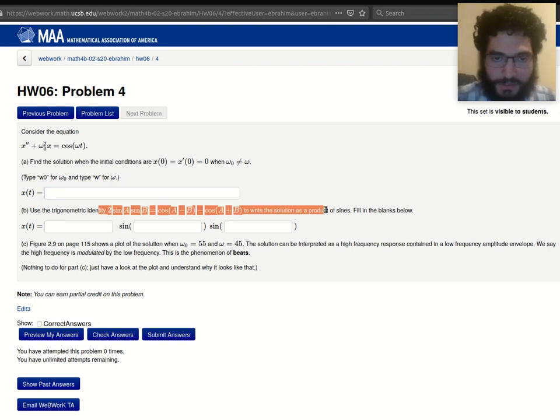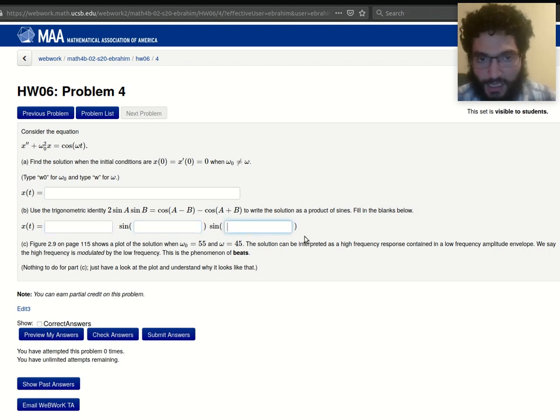But basically you'll use a trig identity and see if you can write your solution out. Initially you'll write a certain solution with some initial conditions. Then you'll try to write your solution out using the trig identity as a certain sine times something times the sine of something. So the amplitude is another thing that's waving.